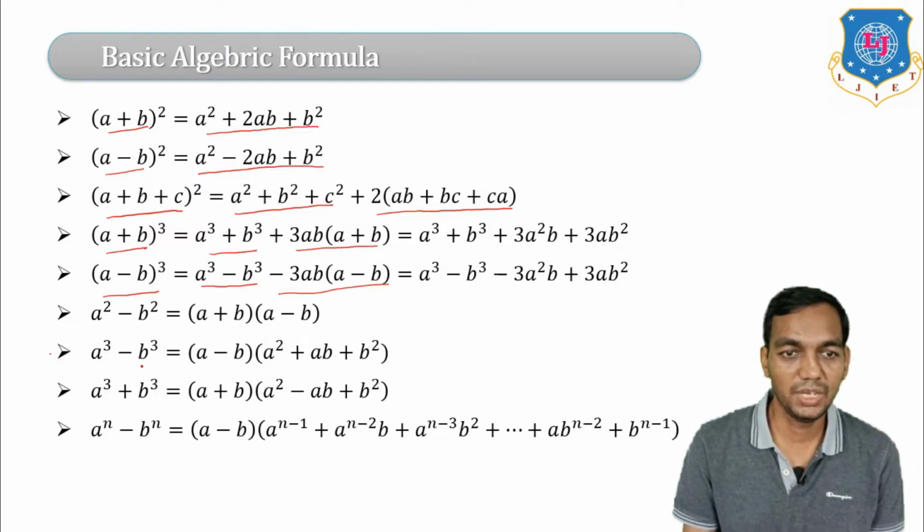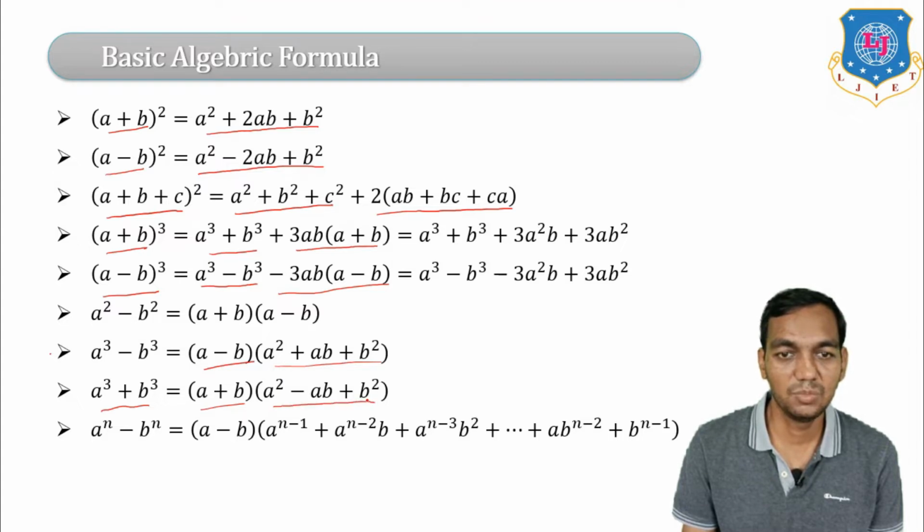In the same manner a³ − b³ has the formula (a−b)(a² + ab + b²). And if you have a³ + b³, then (a+b) into the second bracket (a² − ab + b²). Now aⁿ − bⁿ has the formula (a−b) in the first bracket.